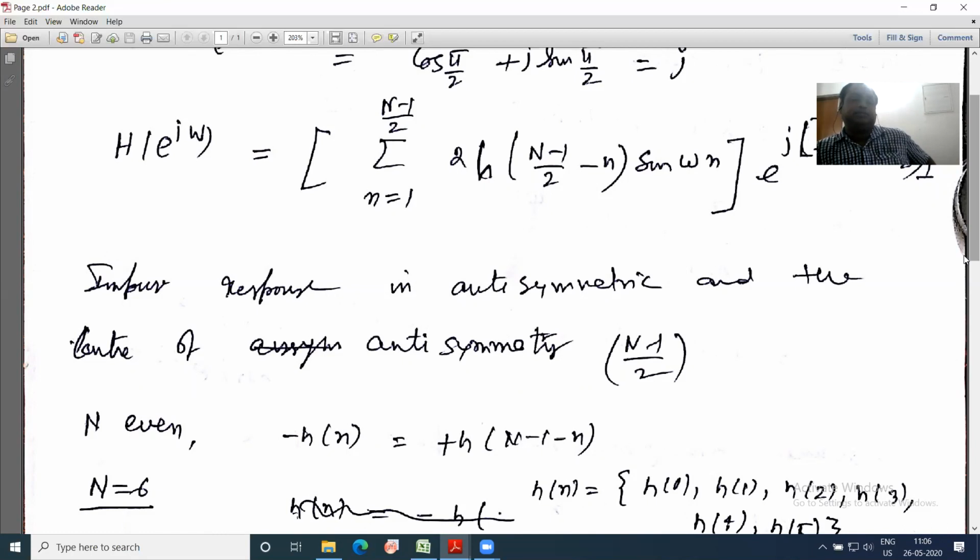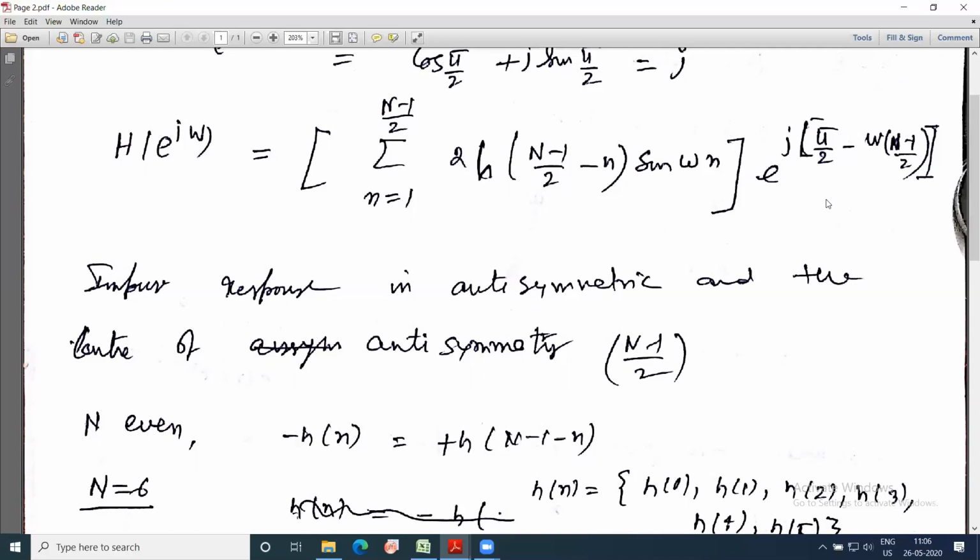And the second observation is that the center of antisymmetry will be n minus 1 by 2, and the value at the center of antisymmetry will be equal to 0. And in general, for n equal to odd, this will be the expression.